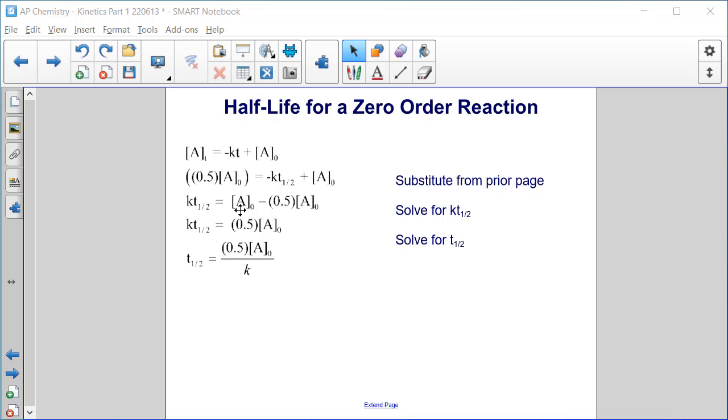In place of concentration 0, if you put an x here, you'd have 1x minus half x, which is just 0.5x, right? So KT1/2 is equal to 0.5 times the initial concentration. Then divide both sides by K, and we get that the half-life for a zero-order reaction is 0.5 times the initial concentration divided by K.